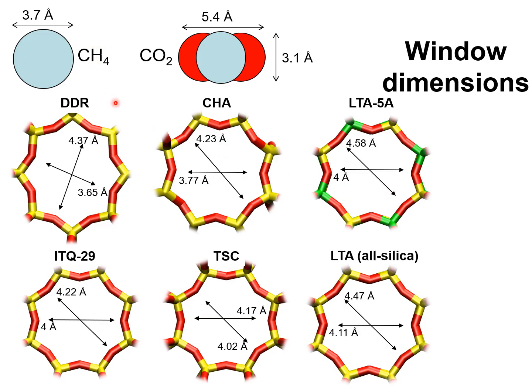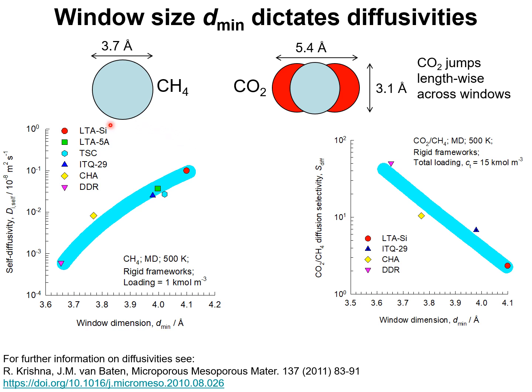Let's examine the diffusivities of gas molecules such as methane and carbon dioxide and nitrogen in such structures. The graph on the left hand side plots the diffusivity of methane in various cage window structures.